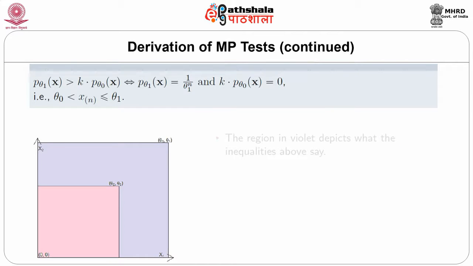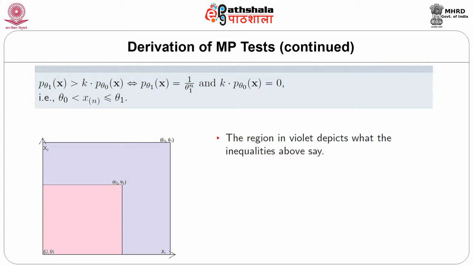So, consider the region where p_theta1 is strictly greater than k p_theta0, which is equivalent to p_theta1 being 1 by theta1 to the power n and k p_theta0 being 0, which is equivalent to X_(n) lying between theta0 and theta1.